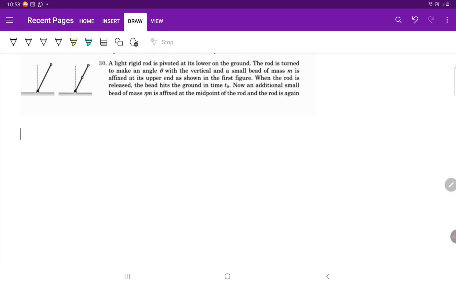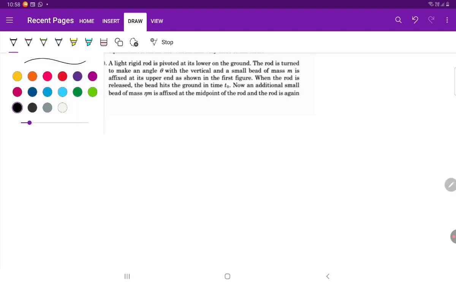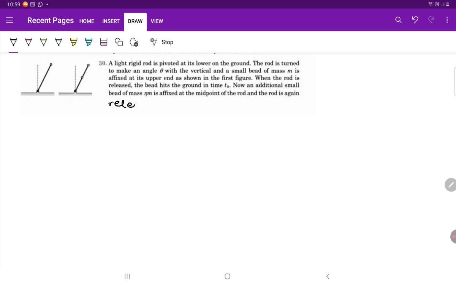Now, an additional small bead of mass eta m is affixed at the midpoint of the rod, and the rod is again, well, there's some words missing probably on the other page. I'm writing it. It said that the rod is again released from the same angle theta with vertical, as in the second figure.